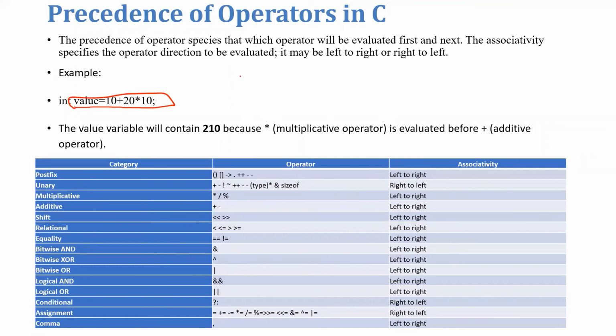If I have 10 plus 20, I can say 30. But with 10 plus 20 into 10, is it 30 into 10, meaning 300, or 20 into 10, meaning 200, plus 10, which is 210? Is it 300 or 210? I want to decide that with the help of operator precedence. Here I have plus and star.